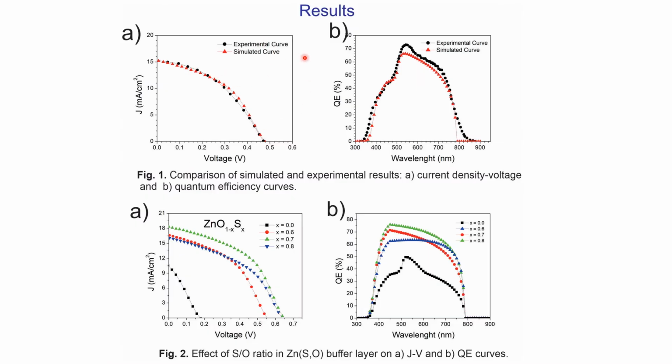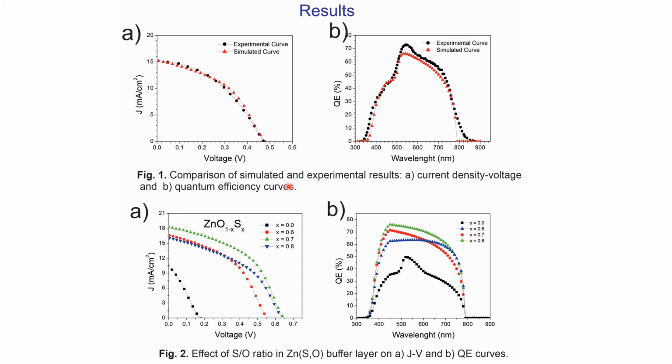Now we have here our results, and in figure 1 we have this comparison of simulated and experimental results. In subsection A, we have current density versus voltage curves, and in subsection B, we have quantum efficiency curves.